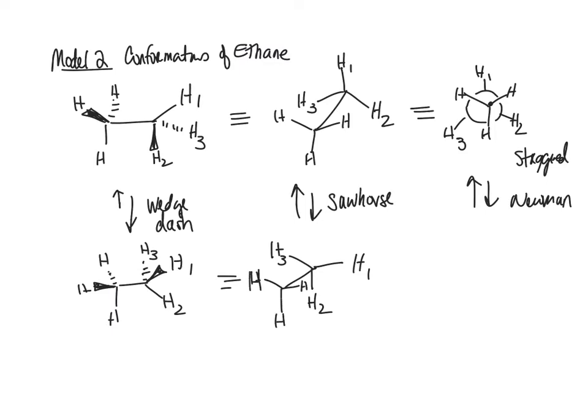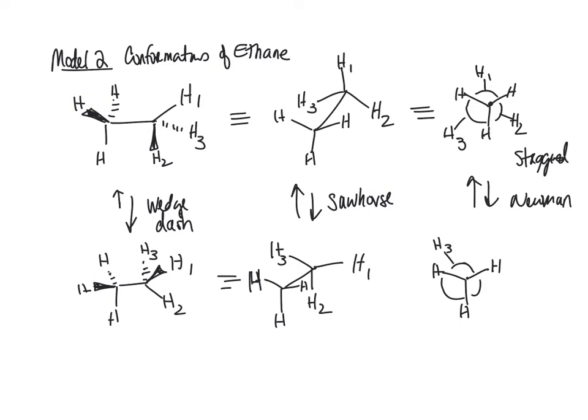Okay, so the first set of structures are the wedge dash way to represent compounds, and these are just different ways to draw the compounds. The middle structure is called the sawhorse, and the last one is the Newman projection.